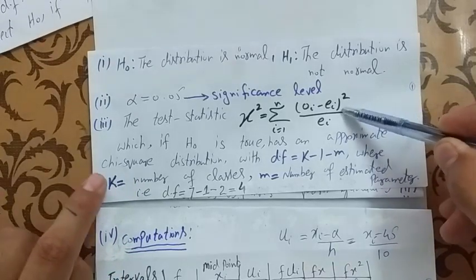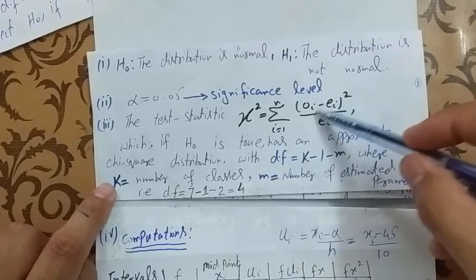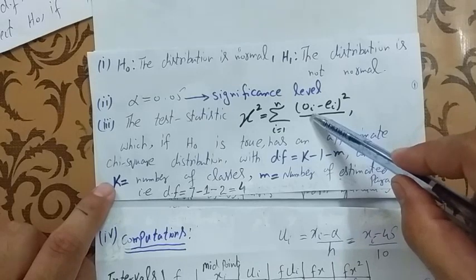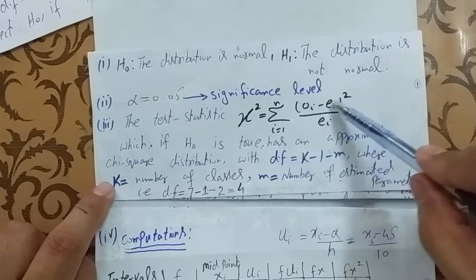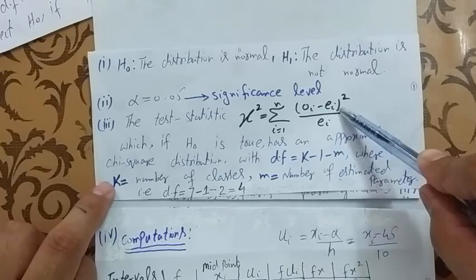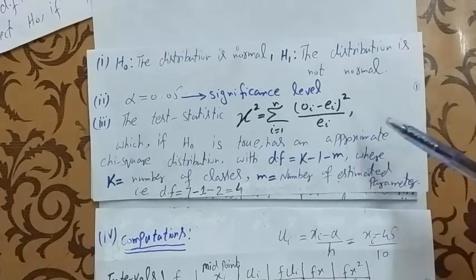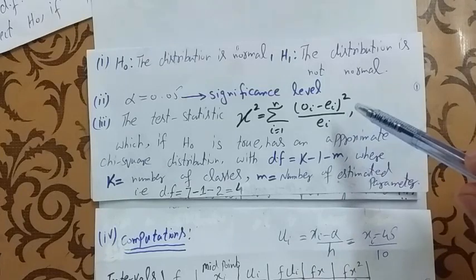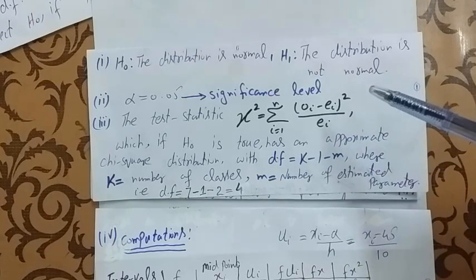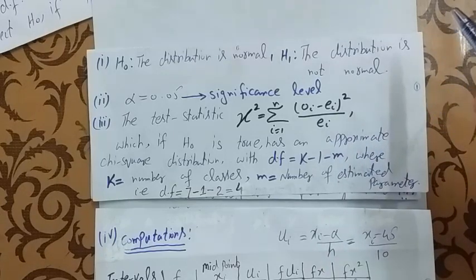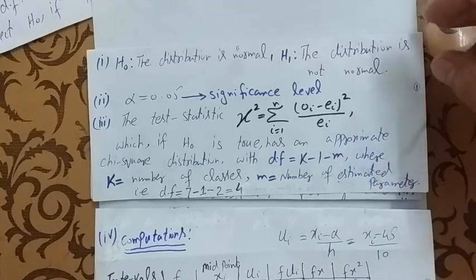Oi is the observed value given in the problem, like the frequency, and the expected values are not given. First we find the expected value. For that we need the mean and standard deviation, but here they are not given. We first find the mean and standard deviation.